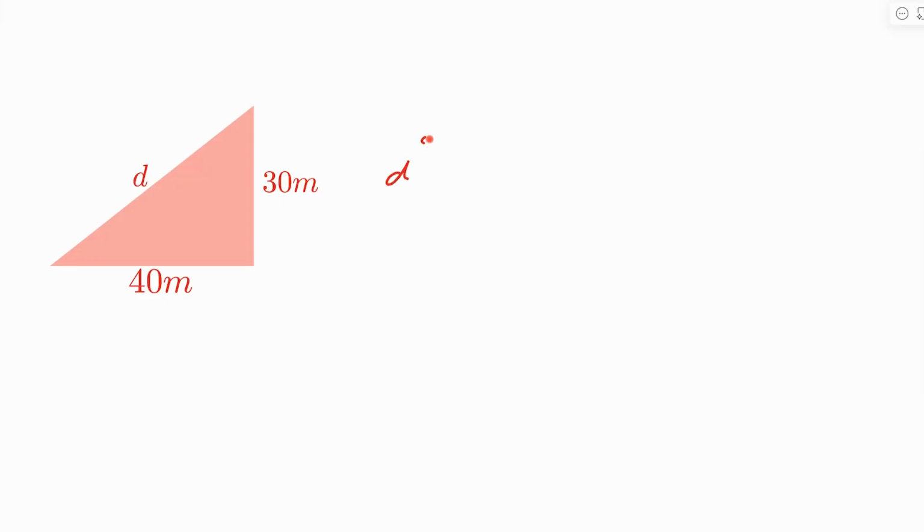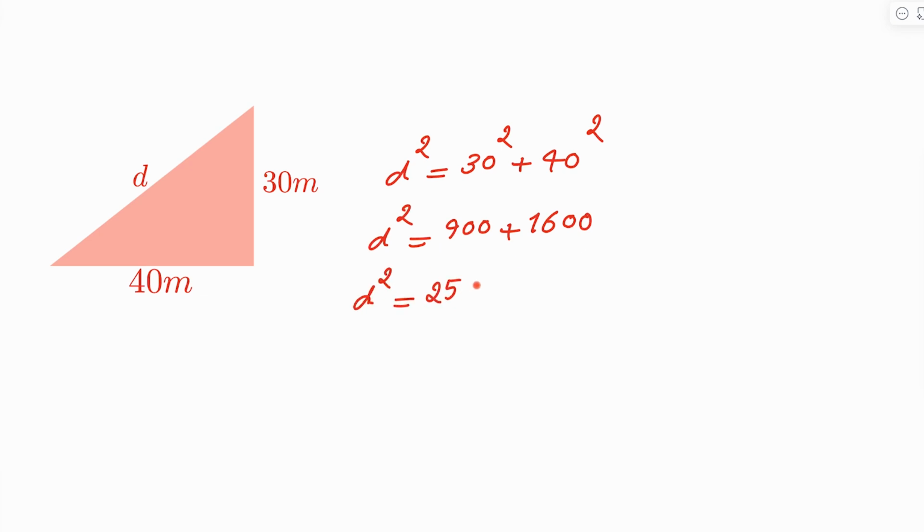We can write d squared is equal to 30 squared plus 40 squared, and if we simplify it, we get d squared is equal to 900 plus 1600, and the addition of these two values will give us 2500. And if we take a square root from both sides, we'll get d is equal to 50 meters.